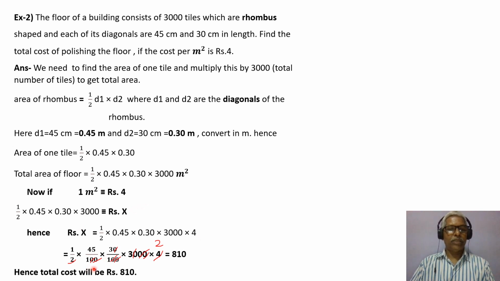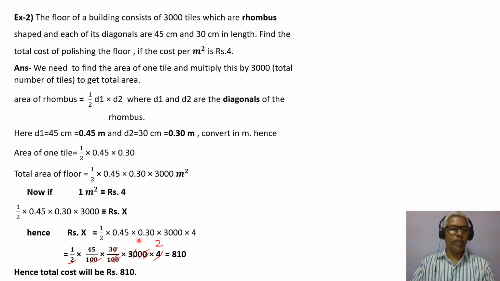Now you can calculate or cancel and do all these things. See, 0.45 is 45 upon 100. Now this is also 30 upon 100. So to cancel, these three zeros will go with this. This zero will also go with this. Now these two will go with the remaining two.